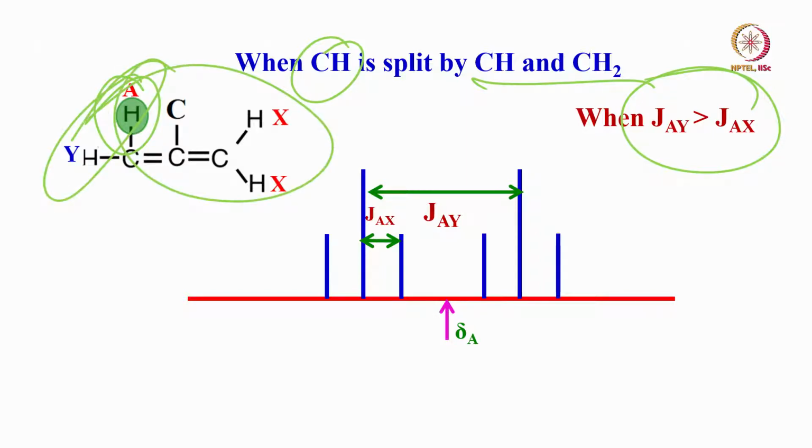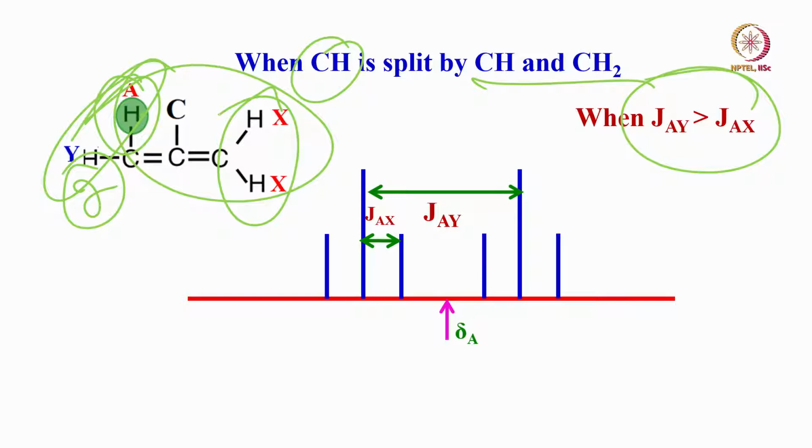So what is going to happen? Since I am concentrating on proton A coupled to a single CH proton, it will become a doublet, because there are only 2 possible spin states for this proton.